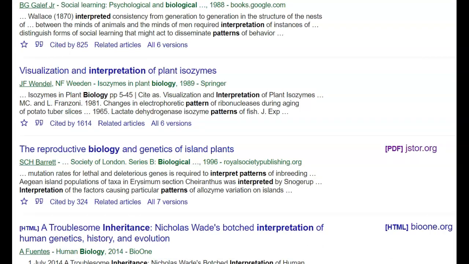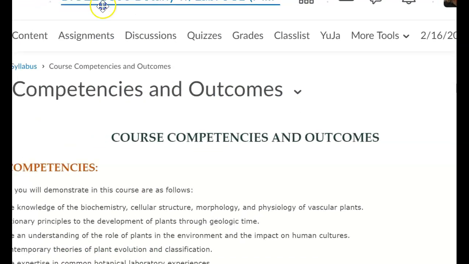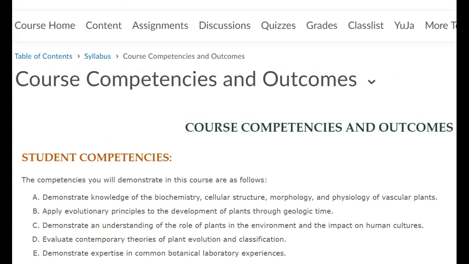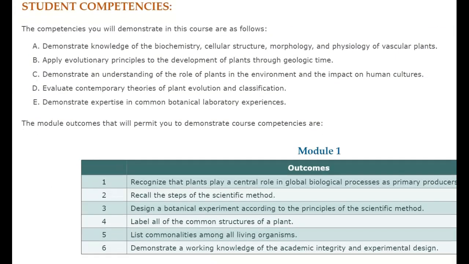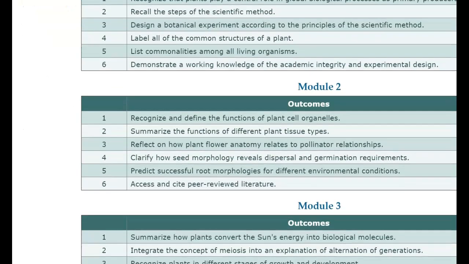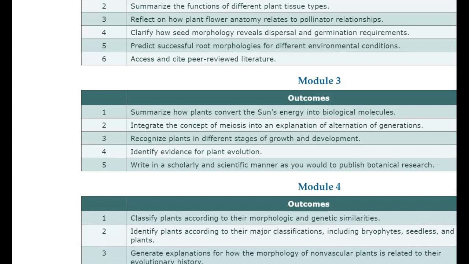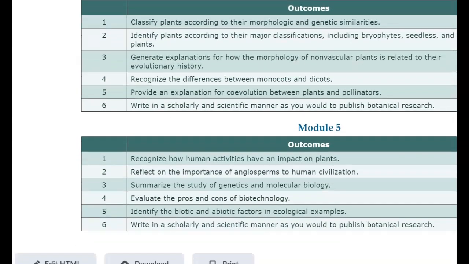Now let's go over to one of my other classes and take a look at the learning outcomes. Here we go. All right, so now we're in body and we're taking a look, right? And as you scroll through here, you see that all the learning outcomes are organized based on module, right? And of course, we haven't gotten to module 5 or module 4, but maybe you already know what you're interested in. Like, for example, this is a really common one, right?